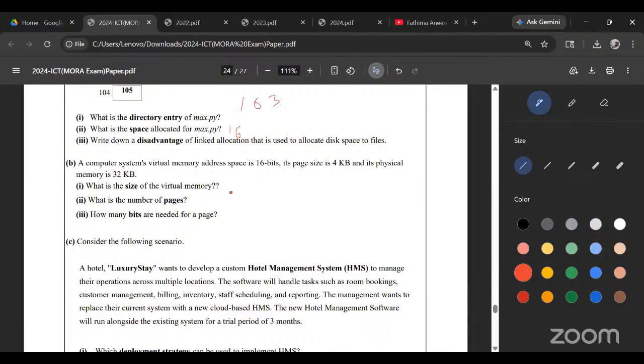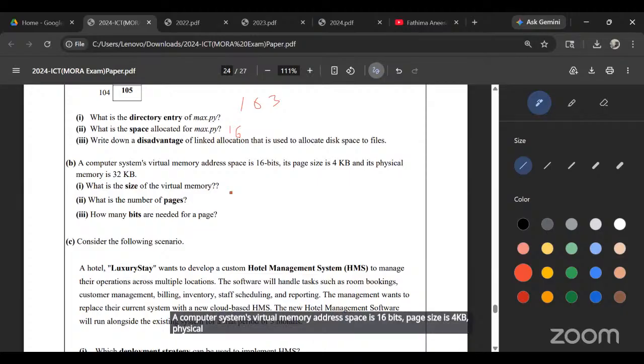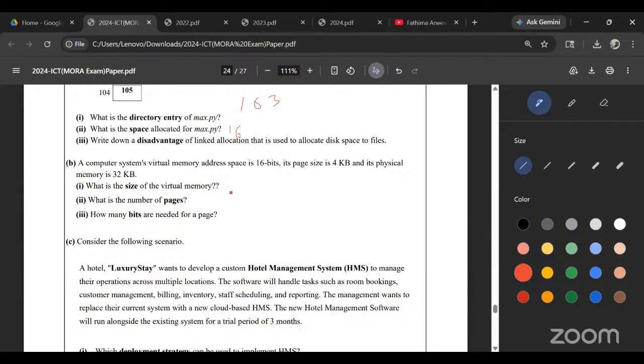A computer system's virtual memory address space is 16 bits. Page size is 4 KB. Physical memory is 32 KB. So they are asking the size of the virtual memory based on the 16-bit address space. That is the first question.